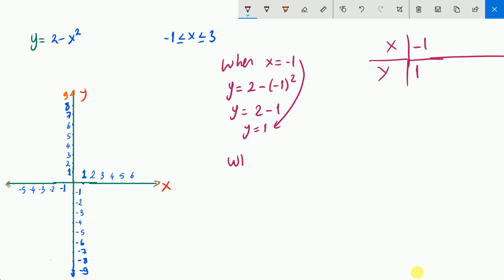Let's look at the right side, it is 3. When x is 3, y will be 2 minus x squared.